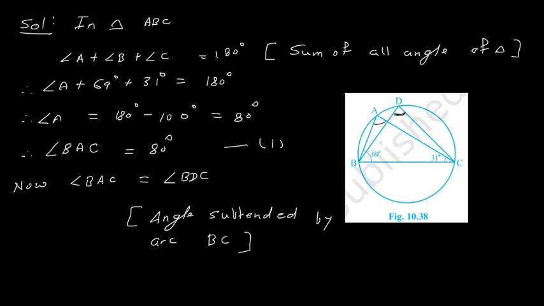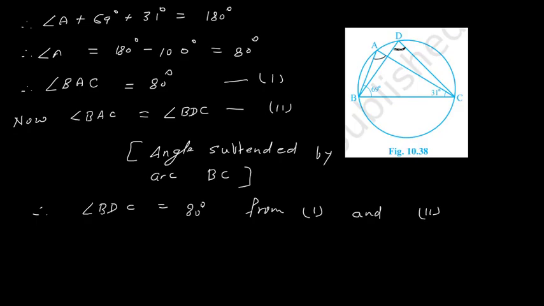So therefore angle BDC will also be equal to 80 degree. I can say that from 1 and 2. I will consider this equation as 2. Yes, this question is a simple one.